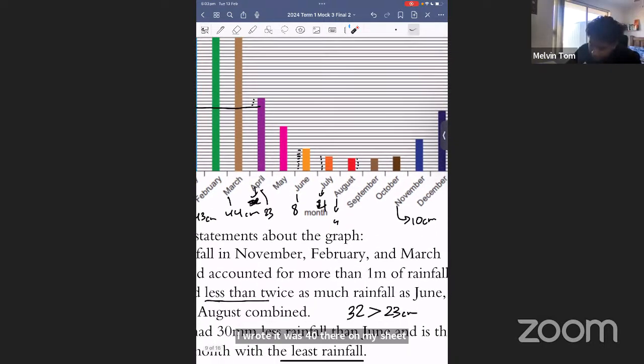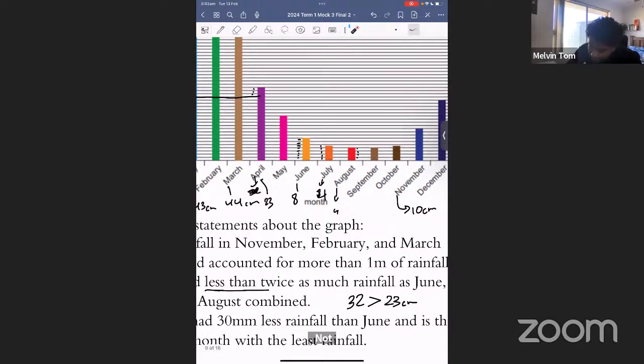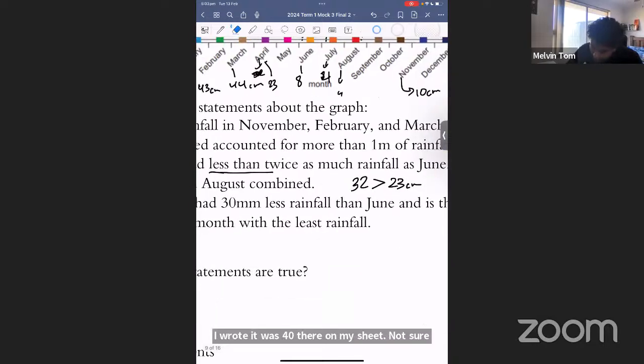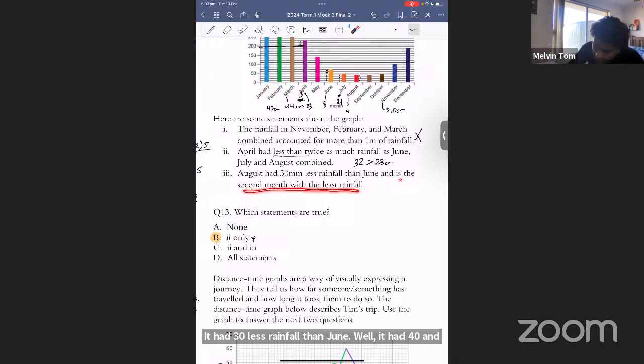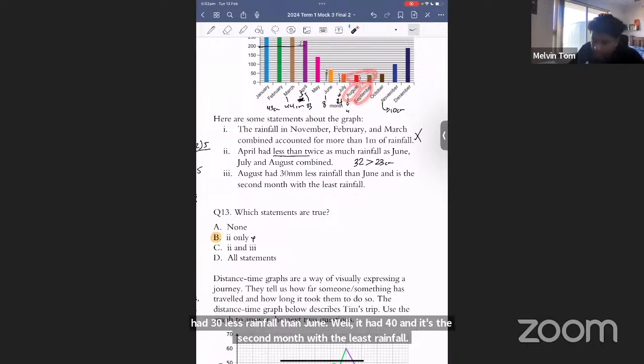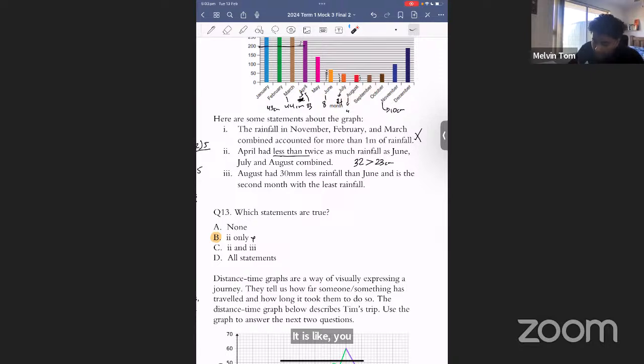Yeah, it's 40, and September is also 40, and the text says it had 30 millimeters less rainfall than June. Well, it had 40 millimeters less, and is the second month with the least rainfall, the same as September. Because it's 40 millimeters less than June, the answer is just B.